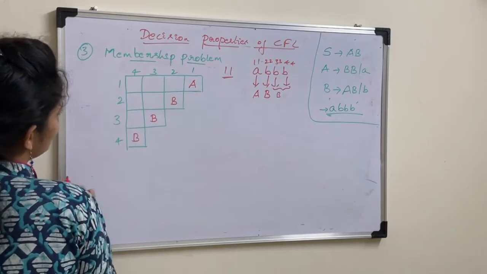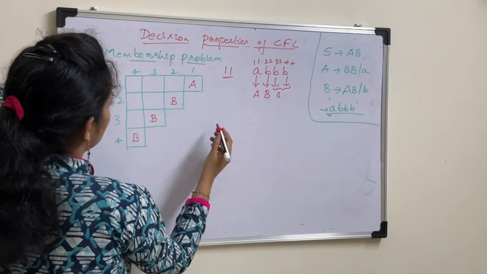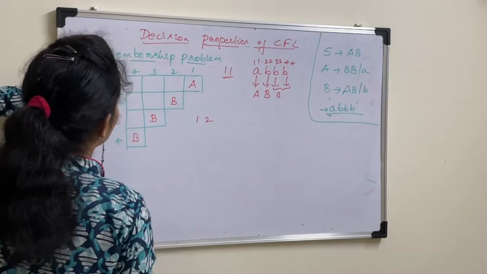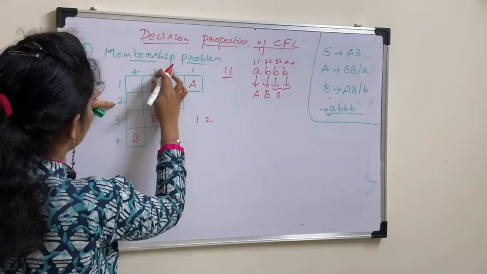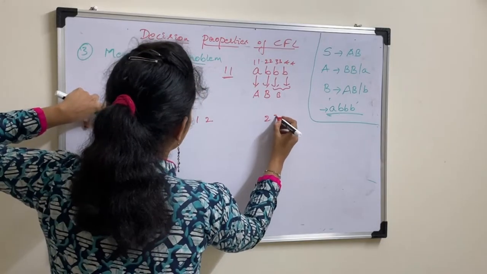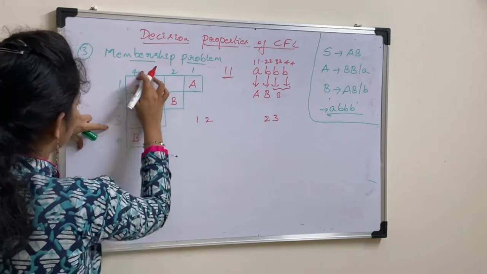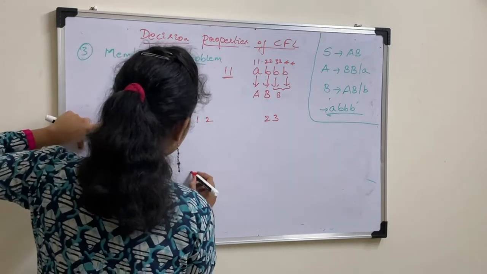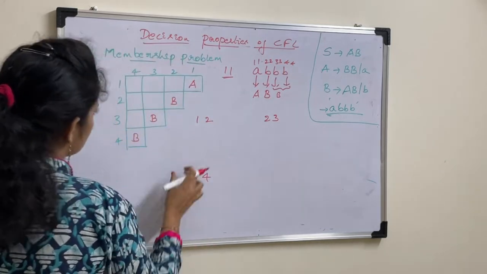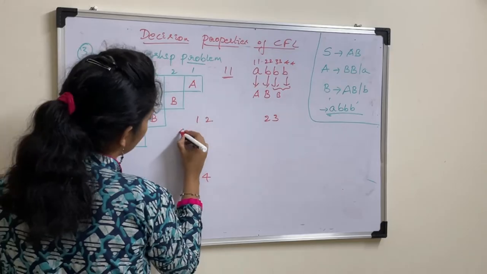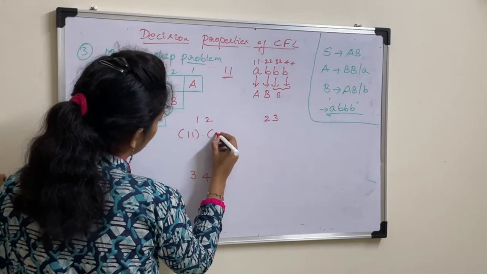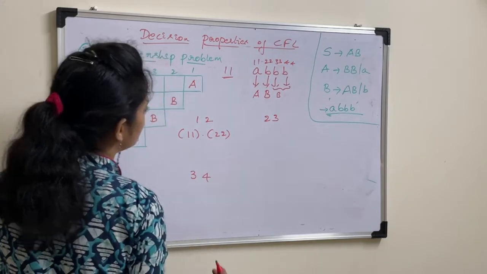Now fill 2 length strings. 2 length strings means 1 2, then 2 3 and then 3 4. These are 2 length strings. So 1 2 can be written as 1 1 dot product 2 2.